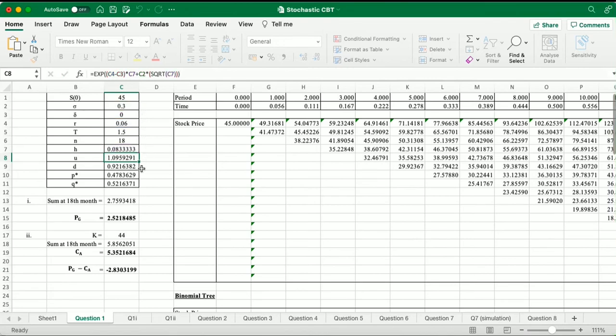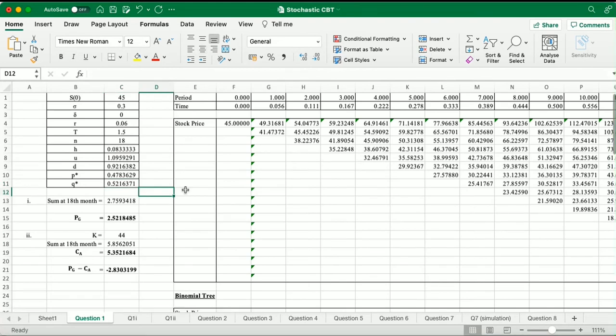And for d, it's similar, with the difference being a minus in between the terms. For p star, it's calculated using this formula: e to the (r minus delta) multiplied by h, minus d, divided by u minus d. And for q, it's just 1 minus p star.